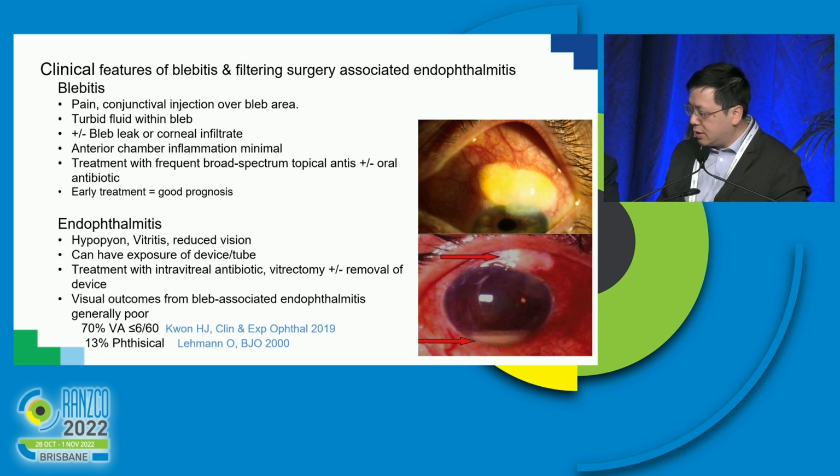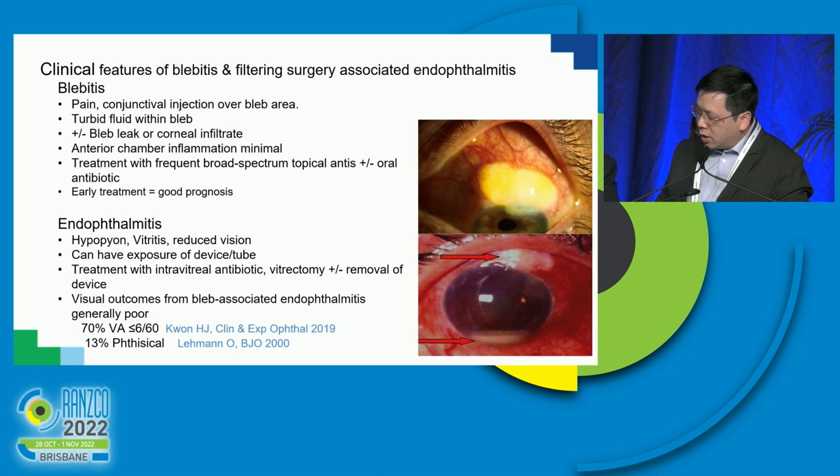And sometimes, in the case of mixed procedures or tube shunts, you can see exposure of the tube or device, and sometimes leakage from the device. Treatment, of course, we've covered previously by other speakers.